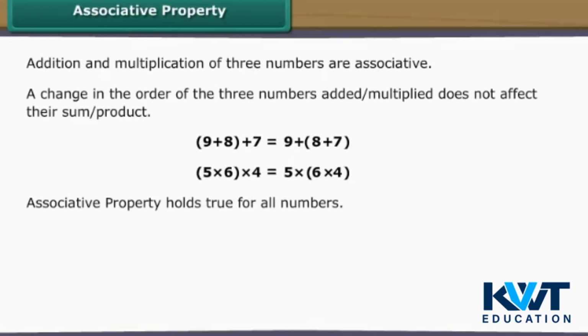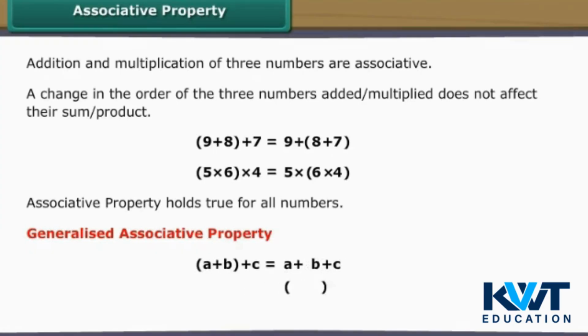Associative property holds true for all numbers. We can therefore generalize it with variables as bracket starts a plus b bracket closes plus c is equal to a plus bracket starts b plus c bracket closes. Bracket starts a into b bracket closes into c is equal to a into bracket starts b into c bracket closes.